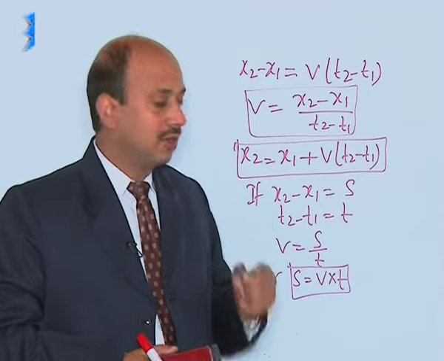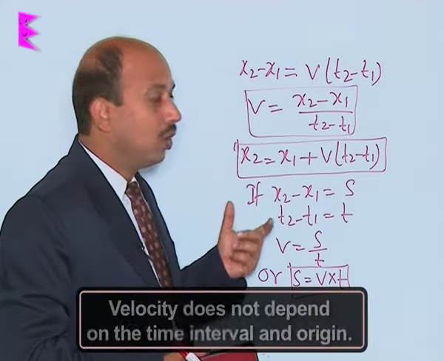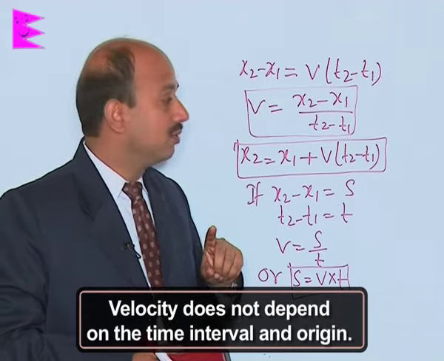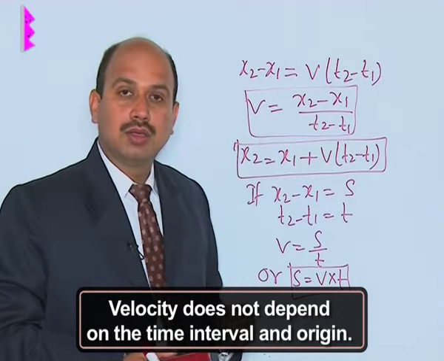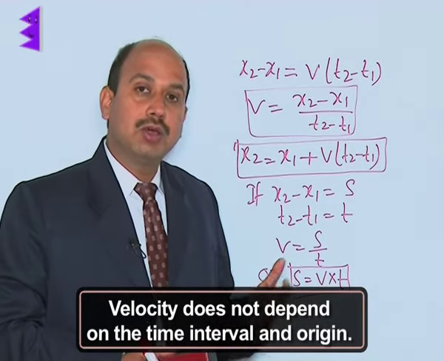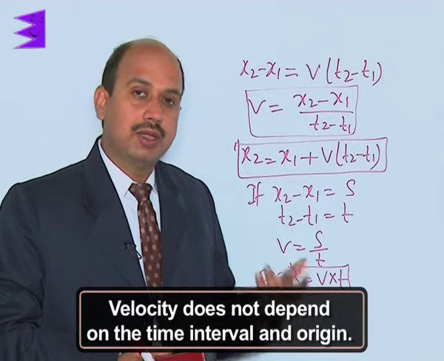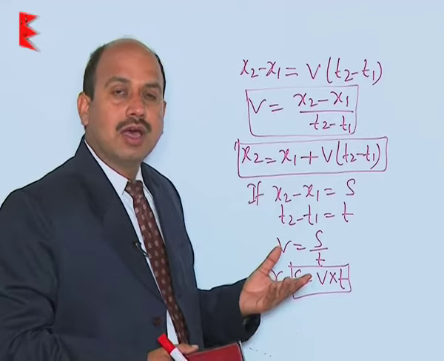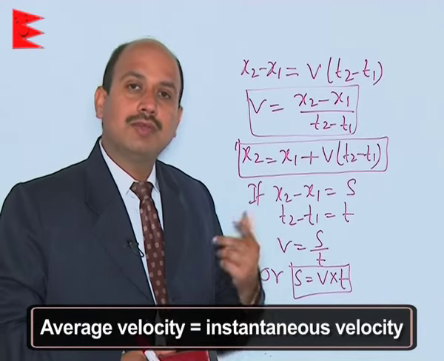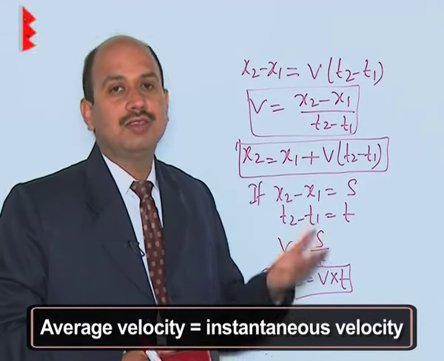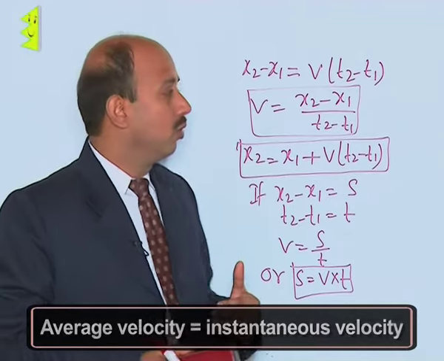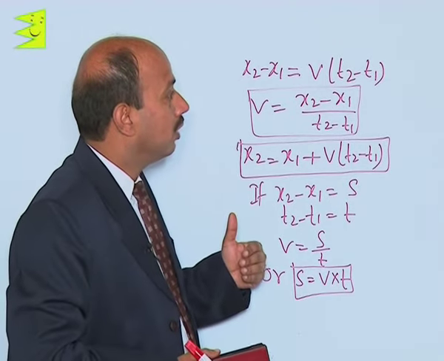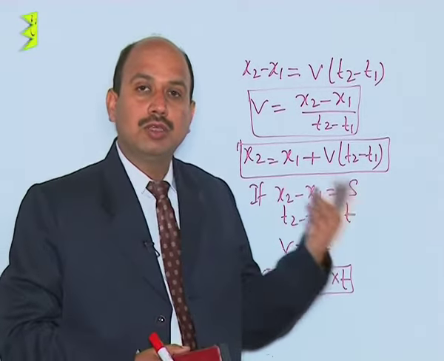Already we have taken a straight line. Another one is that velocity does not depend on the time interval, and also it does not depend on the origin chosen, where you have taken the origin. So, these are factors which do not affect this, and also a very important thing is that average velocity is equal to instantaneous velocity. So, now we will come back to the position time graph for the uniform motion.